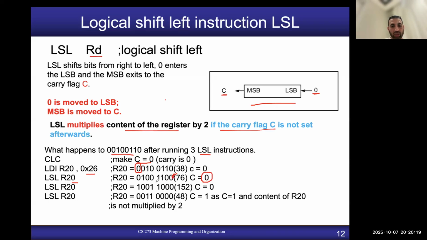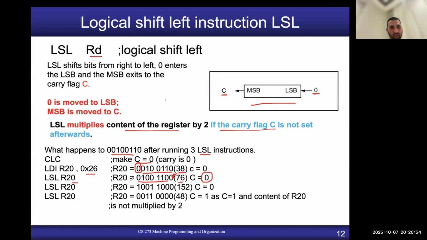All of the other bits are moved to the left position. Now if you look at this binary, it is basically 32 in decimal. After shifting it left once, it now becomes 76, which means you are multiplying 32 by 2, and it becomes 76.